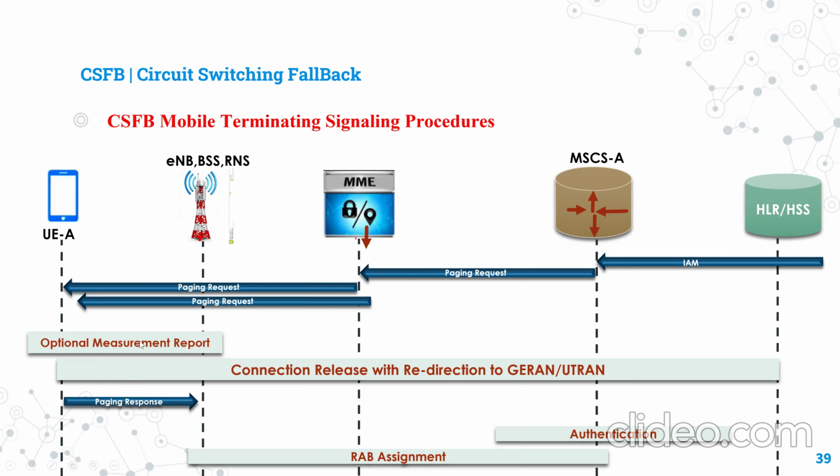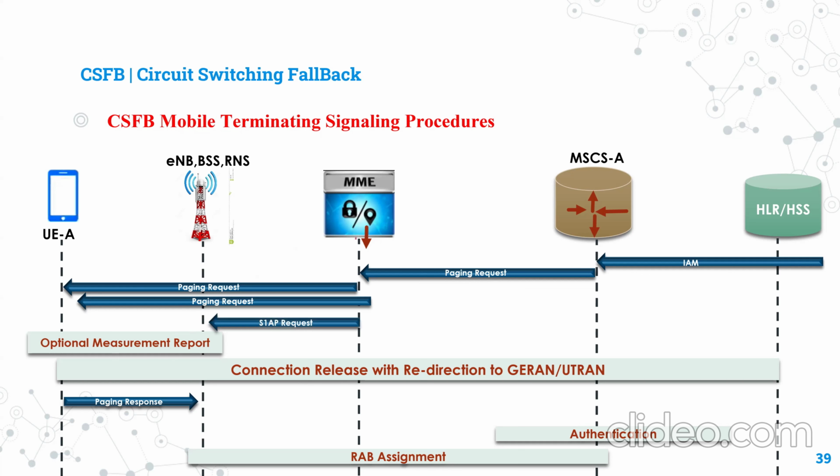So again, it will ask it to send a report with all the 2G and 3G sites around you, so that I can let you connect on a 2G or 3G site because you're receiving a CS call. So user equipment responds with a specific site and tells it to do fallback to this specific site. And all of this is inside the paging request, okay?